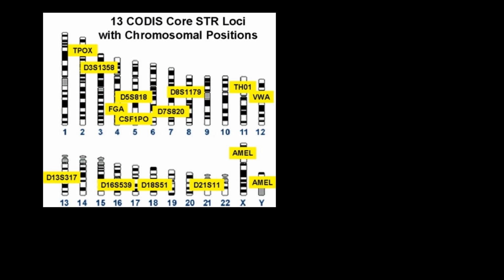If you count all the loci, you would find that there are not 13 but 15. But for the last two, we analyze just whether a person is male or female. So we don't have a variable number of tandem repeats here.